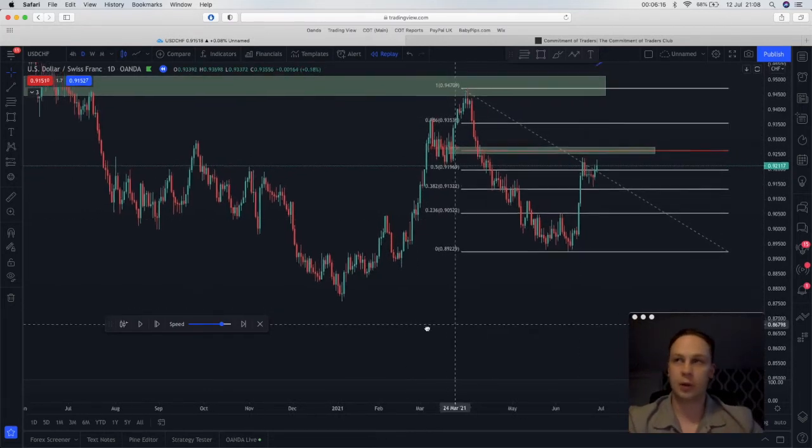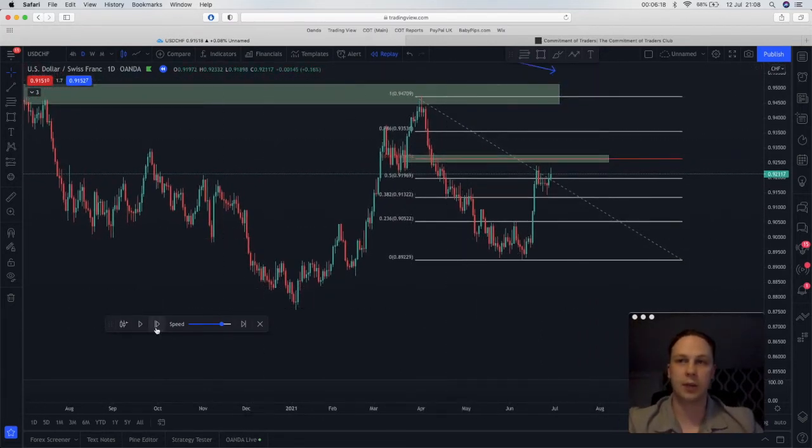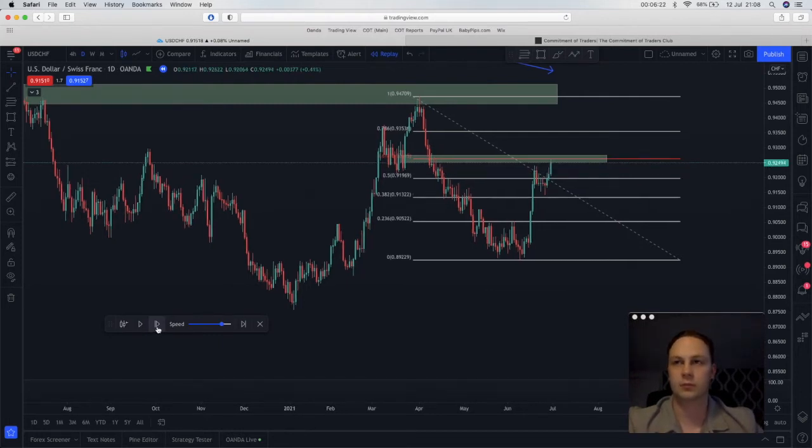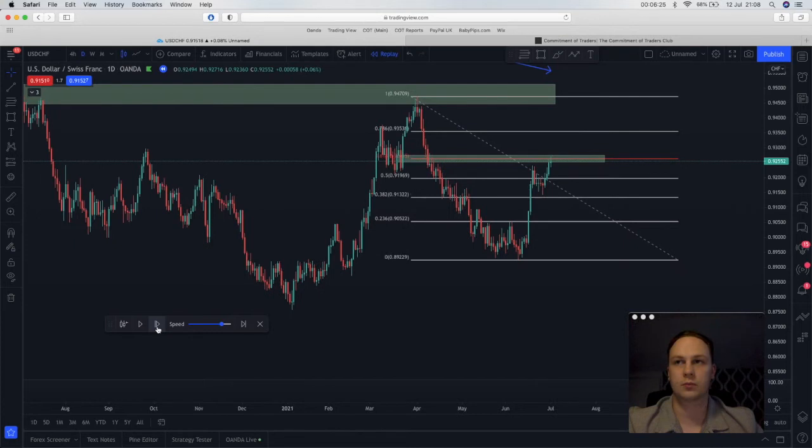Okay, so on replay mode, obviously, we'll see how the market plays out. Okay, so this is the first sign and where I posted on our club that people should pay particular attention to this trade. What can we see?